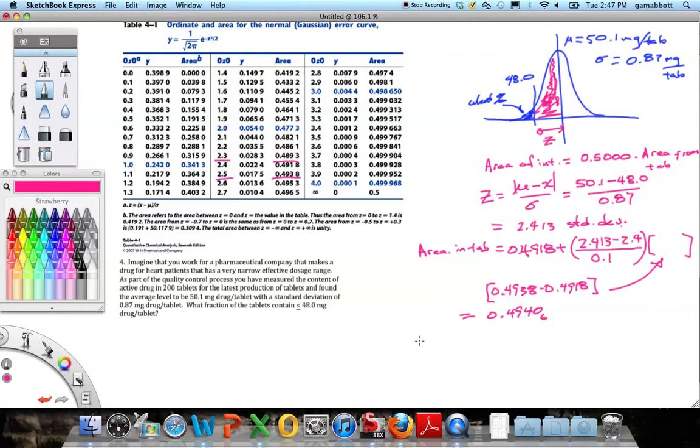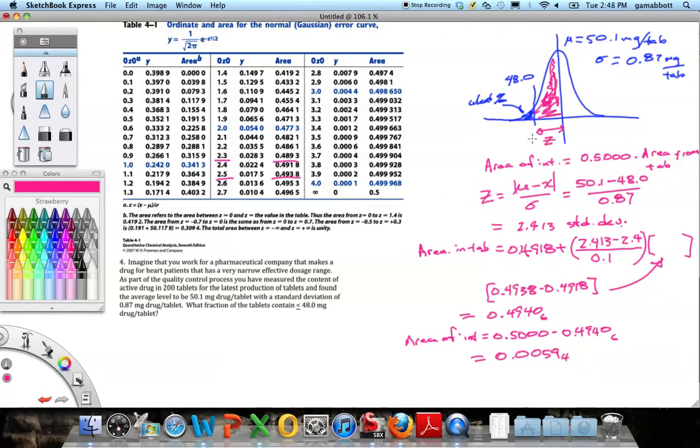To calculate the blue area, then, we need to subtract that from 1/2. So the area of interest is 0.5 minus 0.49406, and I get a numerical value of 0.0059, and the next digit is 4.